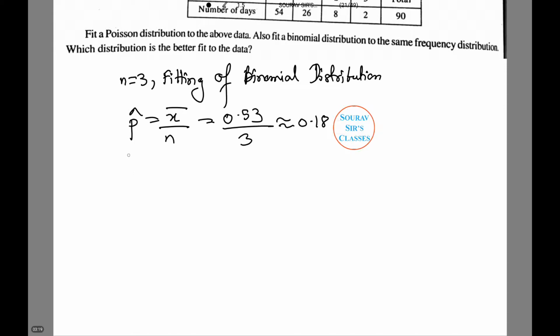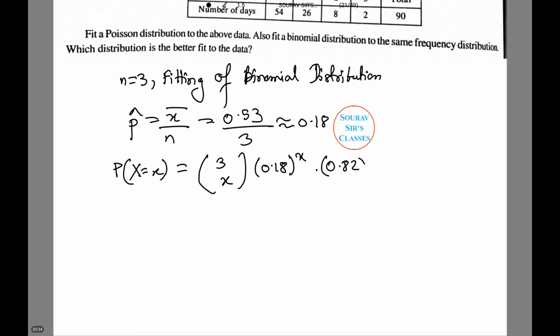Now the binomial probabilities will be P(X equals x) equals 3Cx into 0.18 to the power x into 0.82, which is 1 minus 0.18, to the power 3 minus x, and x has the value 0, 1, 2 and 3. Now the expected and observed frequencies will be tabulated below just like before.